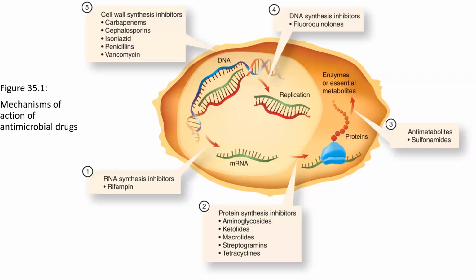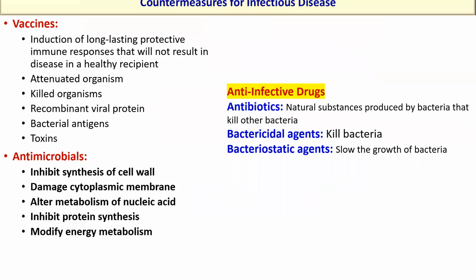Number 2, protein synthesis inhibitors like aminoglycosides and other meds. Number 3, antimetabolites like sulfonamide. So the slide provides you just an overview of the different classes of medications, and how each class would target the bacteria or microorganism.